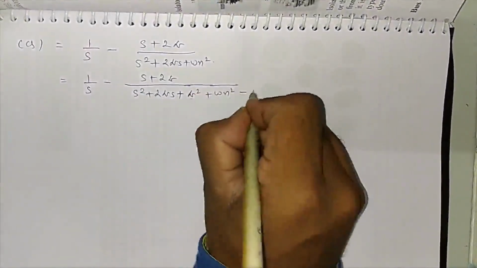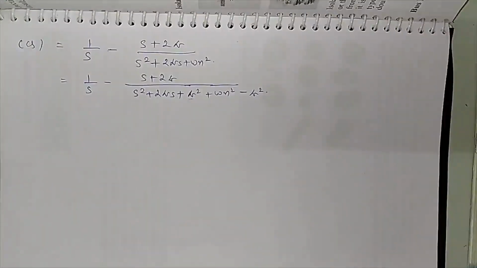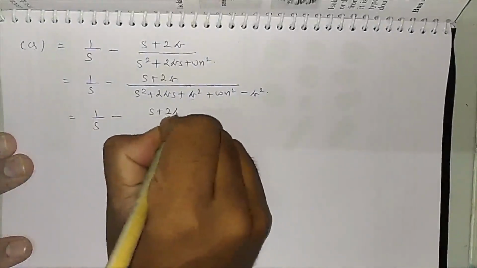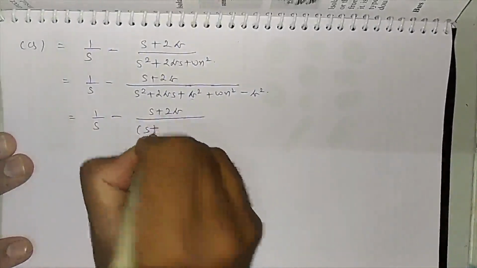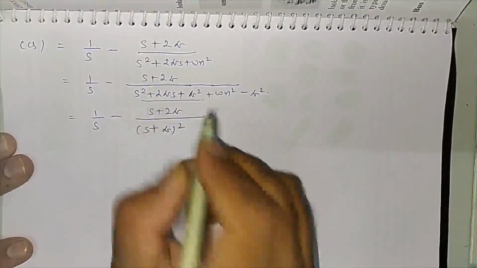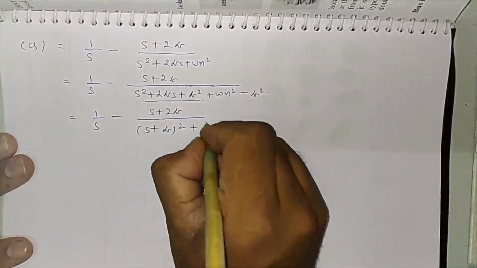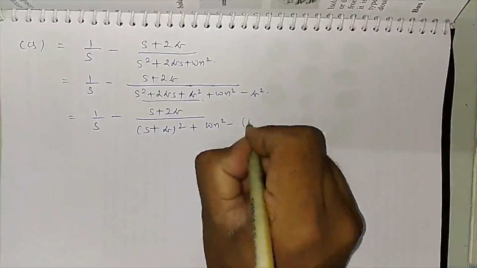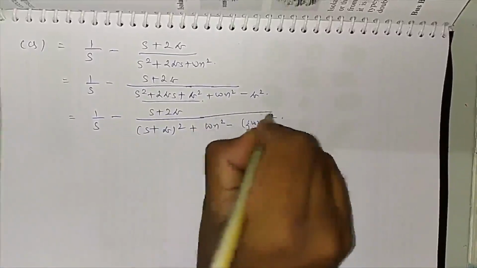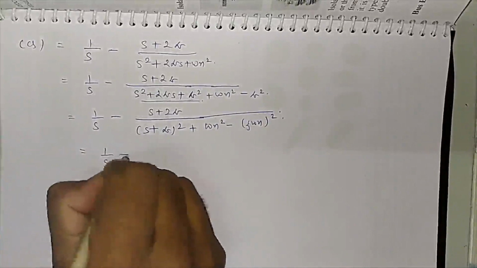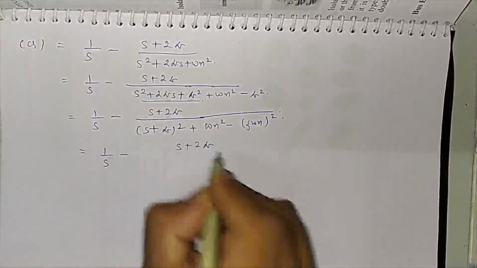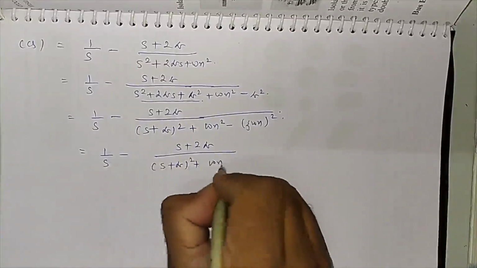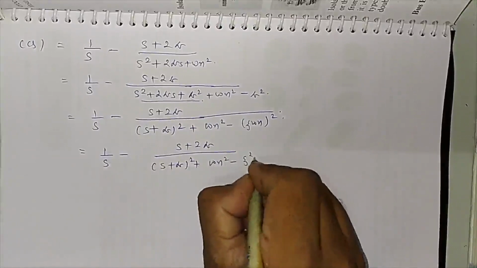We have added it separately, so we have to subtract it. 1 upon s minus s plus 2 alpha divided by s plus alpha whole square plus omega n square minus alpha square. What is the value of alpha? Zeta into omega n. I am putting it over here. It will be 1 upon s minus s plus 2 alpha divided by s plus alpha whole square plus omega n square minus zeta square omega n square.